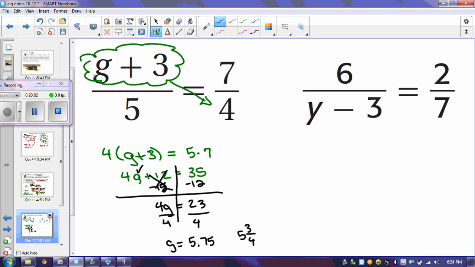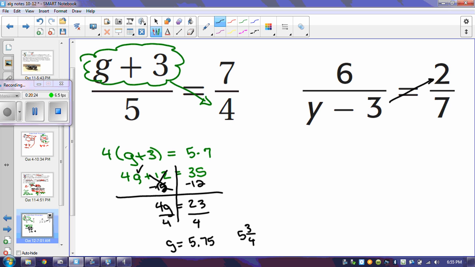Now, even though it's a fraction, that's okay, because this might represent the cost of a card, or it might represent how many of something you bought, an amount of weight. And so we could end up with a ratio like this, having a decimal or a fraction as one of those two values.